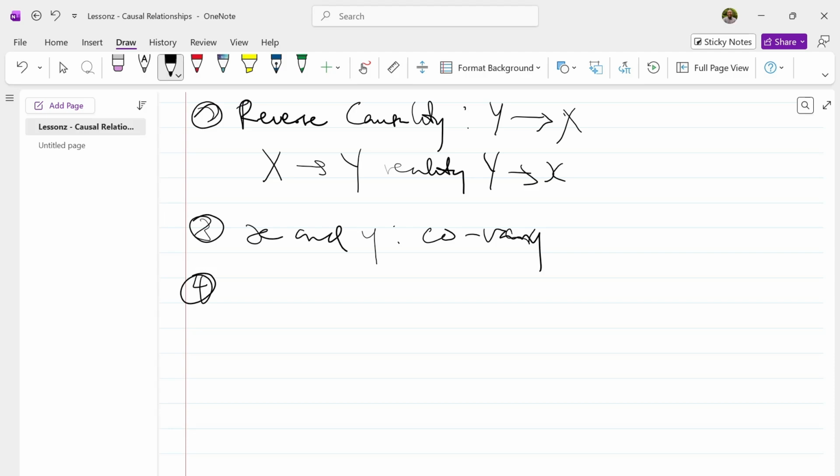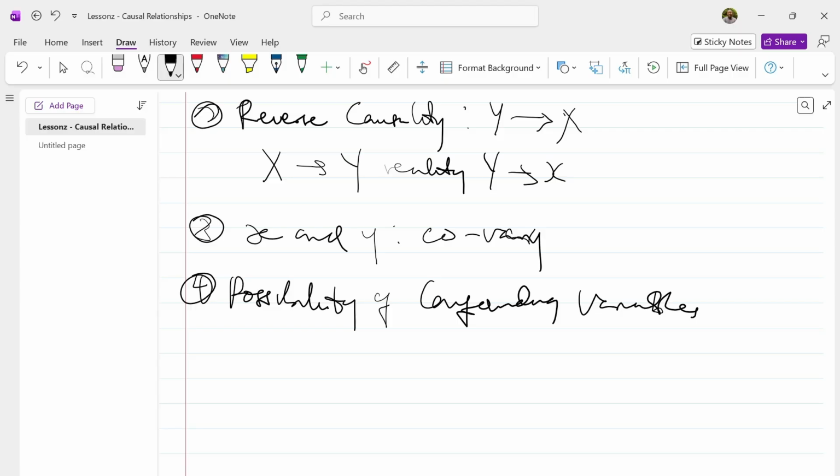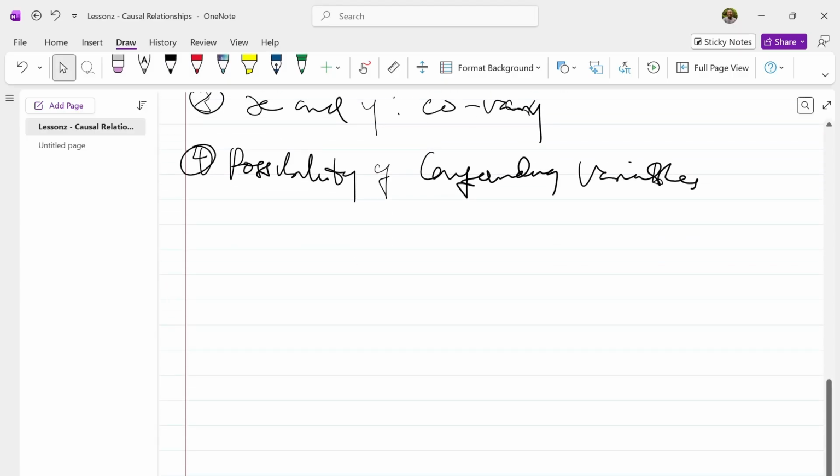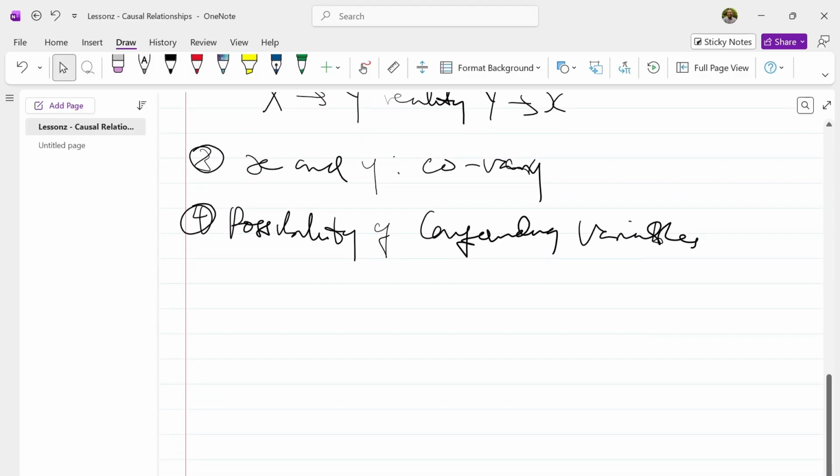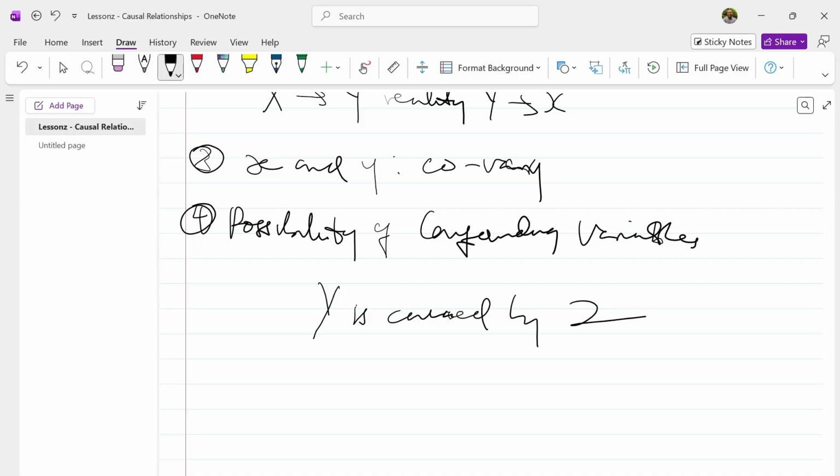The fourth is, and it is very, very serious, the possibility of confounding variables. This is important because how do we actually know that Y is not caused by some Z that we do not know about? For example, several factors contribute to economic development.